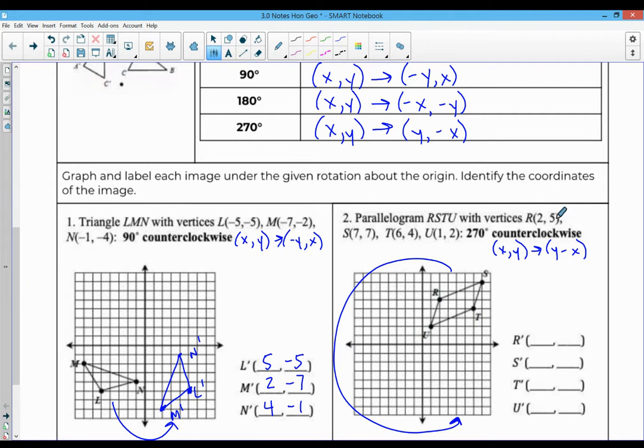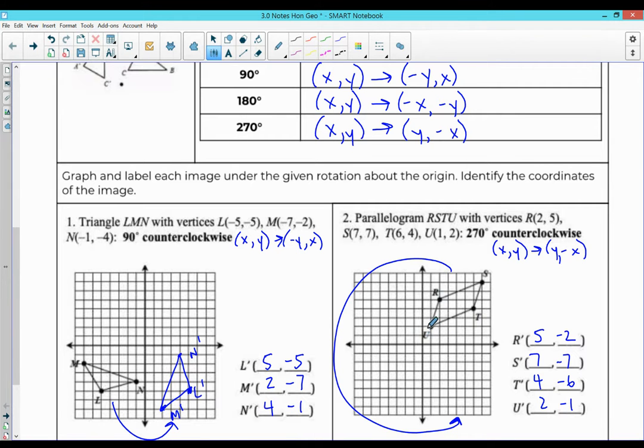My y value goes up front: 5, -2; 7, -7; 4, -6; 2, -1. Now I'll just plot those points to get the visual.